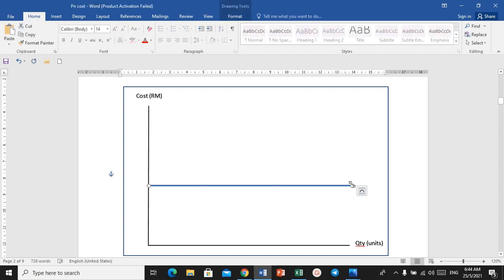We name it a line because it is a straight line. It is not curving. If it were a curving line, we would name it a curve. Since this is a straight line, we name it a line. So this is the first line that we drew. I'm going to label this as total fixed cost.